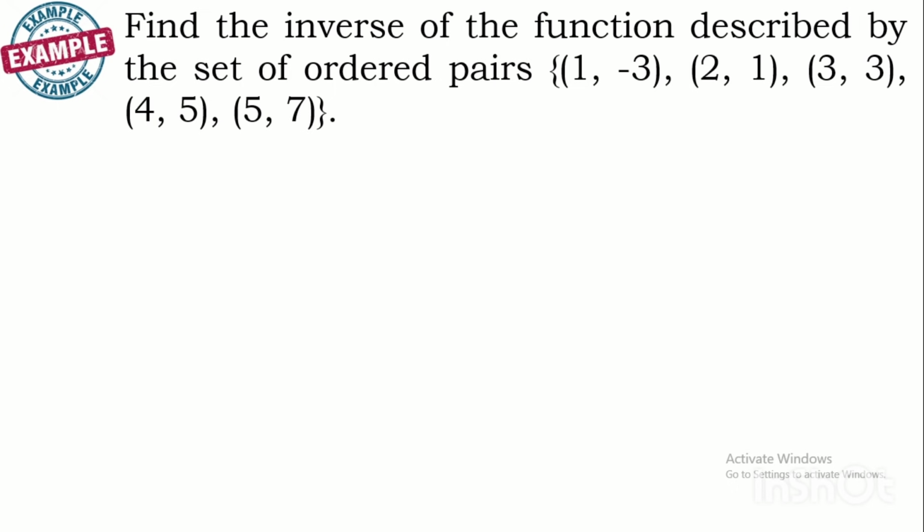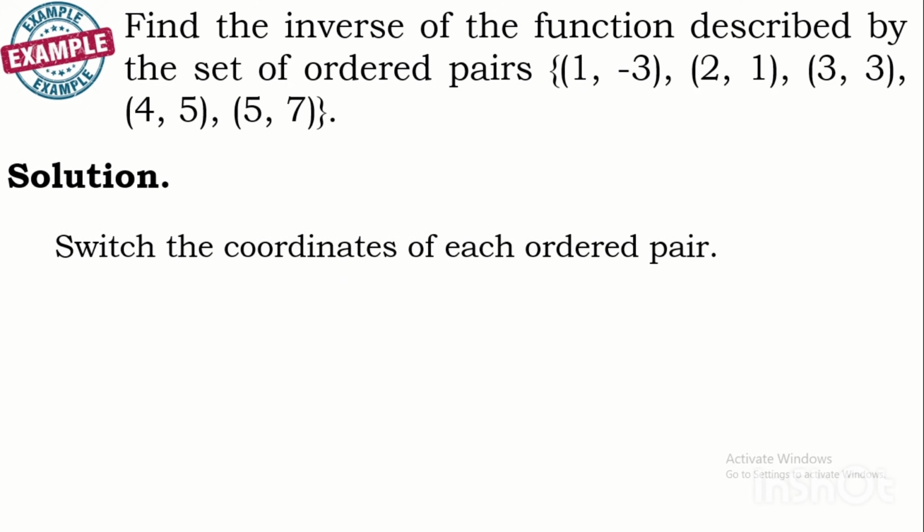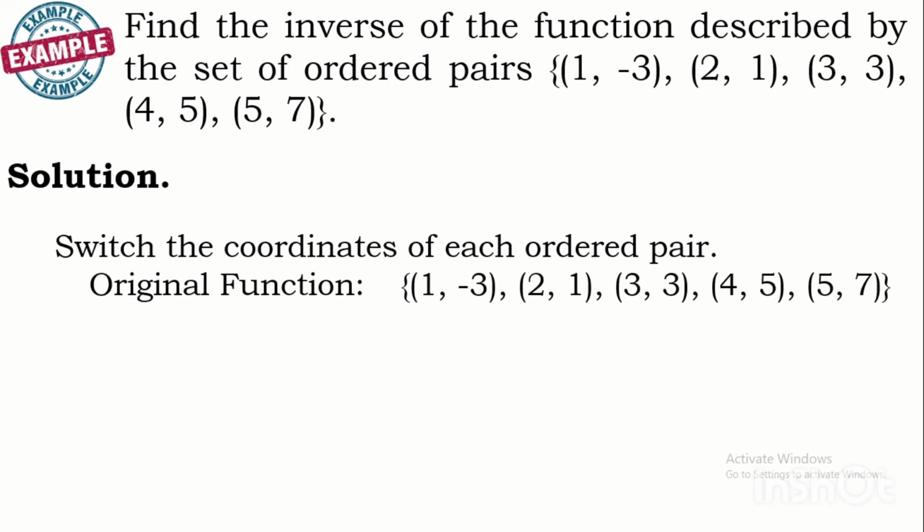Okay, for example, find the inverse of the function described by the set of ordered pairs: (1, -3), (2, 1), (3, 3), (4, 5), (5, 7). So again, ang gagawin lang natin, switch the coordinates of each ordered pair. The original function is that.